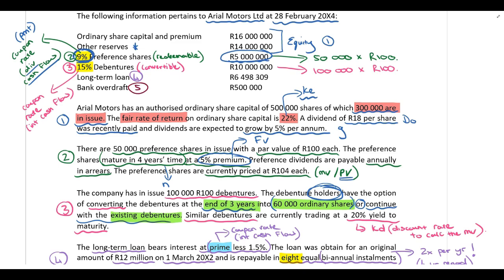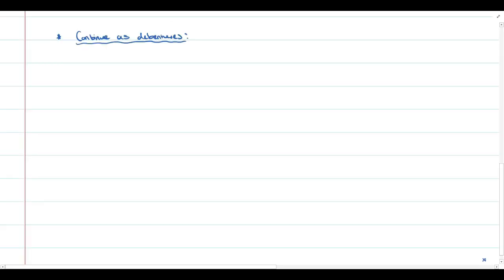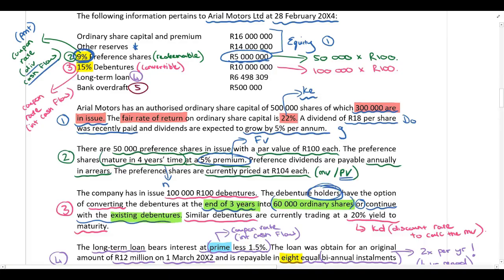So if I want to calculate the value and I'm dealing with a debenture in perpetuity, my present value is equal to the interest cash flow divided by the cost of debt. So how do I calculate the interest cash flow on these debentures? Remember, we use the coupon rate to calculate the interest cash flow.